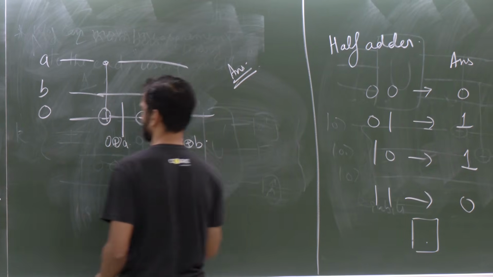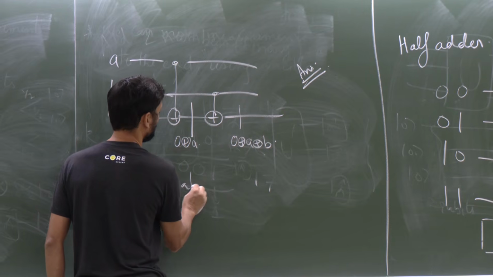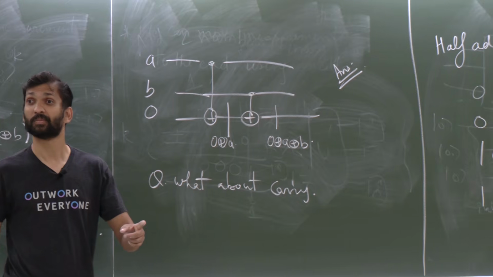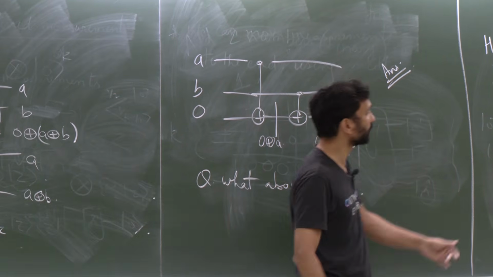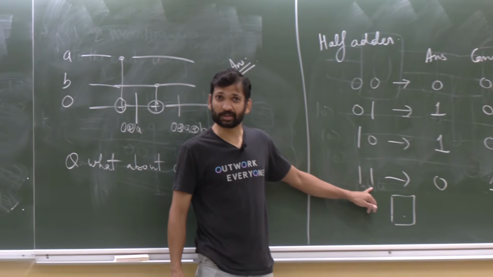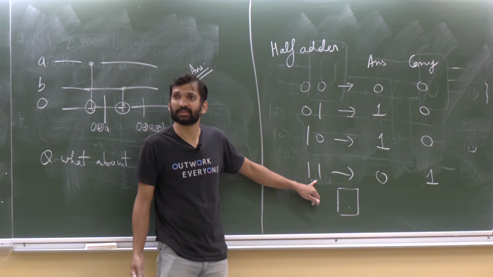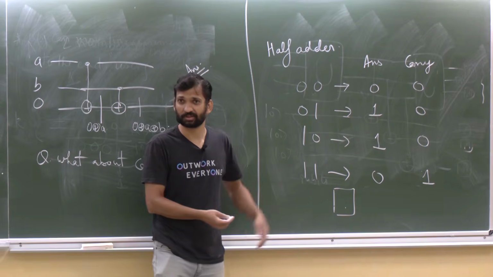Now what about carry? Very good. We have seen this. What is carry doing? It is saying, give me 1 only if we both are 1. This is the AND gate. And we saw how to execute the AND gate previously, classically, right?